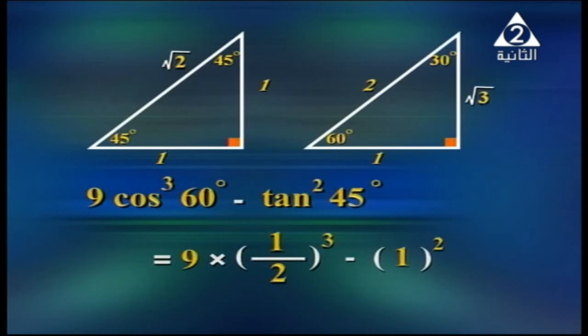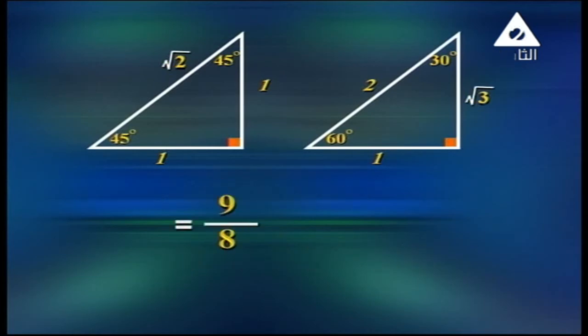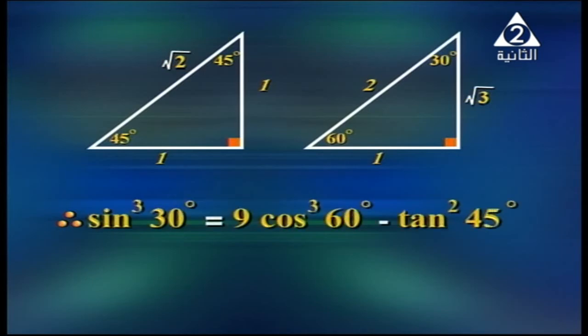To obtain a result of 9 over 8 minus 1, which is equal to 1 over 8. Then both sides are 1 over 8, so we can say that sine to the power of 3 of 30 equals 9 cosine to the power of 3 of 60 minus 10 tan squared 45.